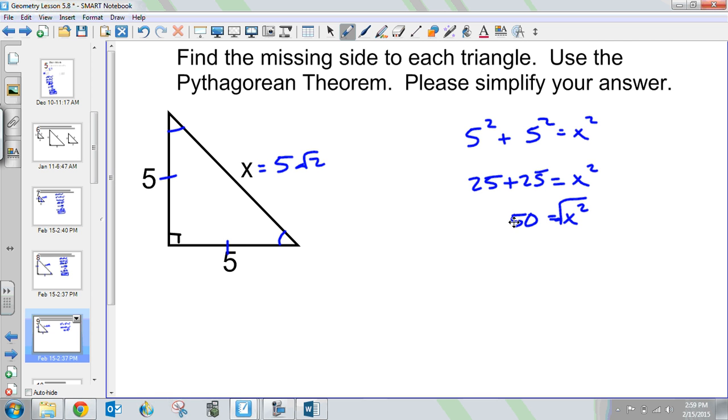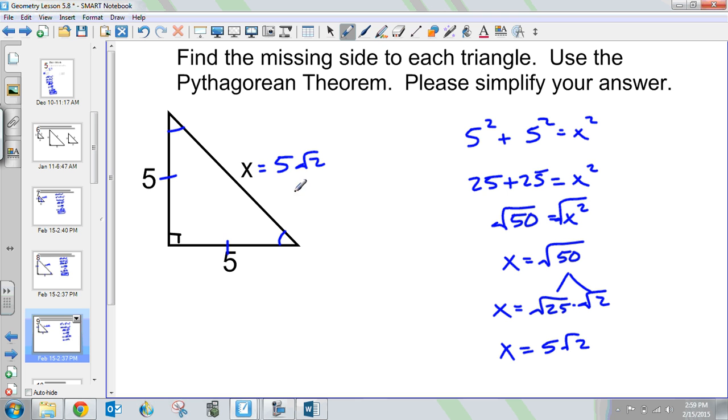I apply the square root to both sides, and x is equal to the square root of 50. Can I simplify this? The answer is yes. Let me split this up into the square root of 25 times the square root of 2. So x is equal to 5 times the square root of 2, which is what I had here.